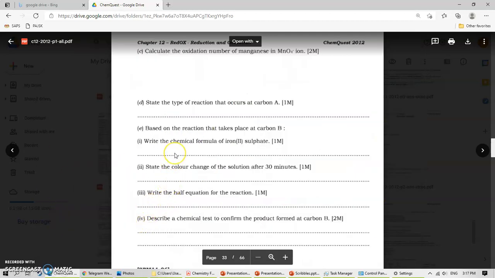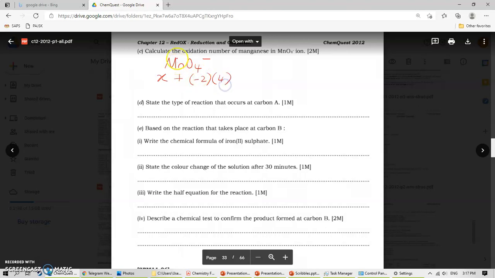Next question. Calculate the oxidation number of manganese in MnO4 negative ion. So let's just write down MnO4 negative. If we give Mn the oxidation number X, we add up the oxidation number for oxygen, which is -2, and there are 4 of them.